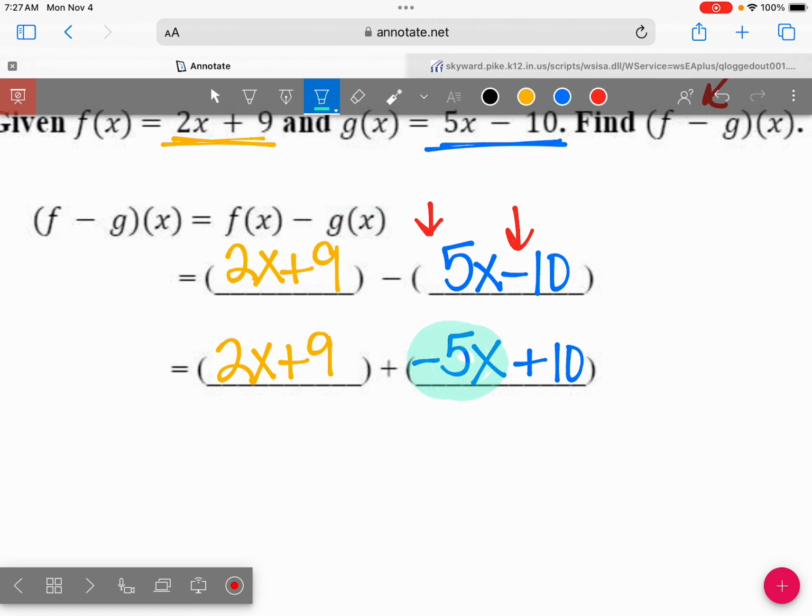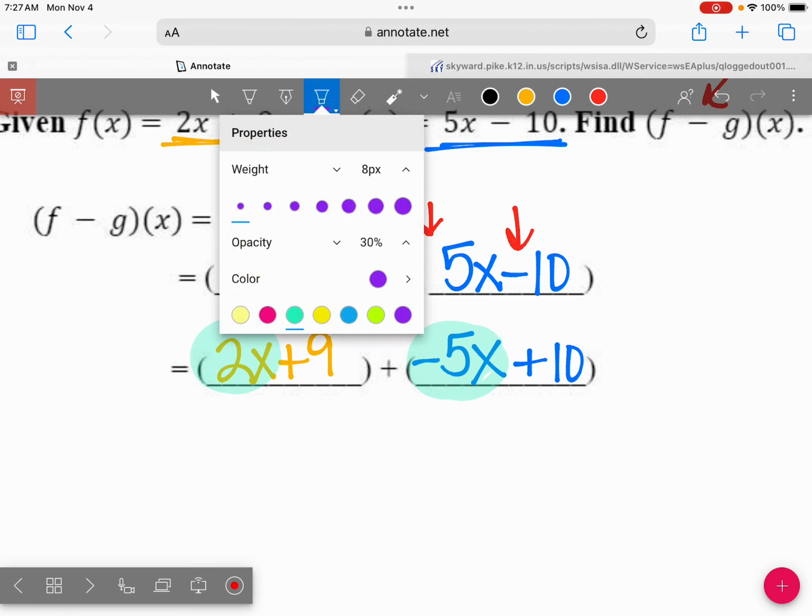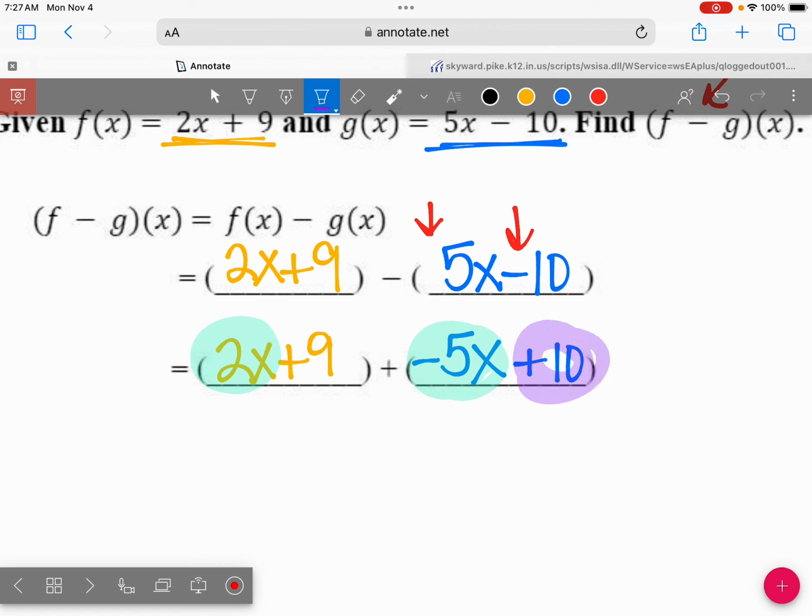So we have our x's, those can be added together, and we have our constants that can be added together.